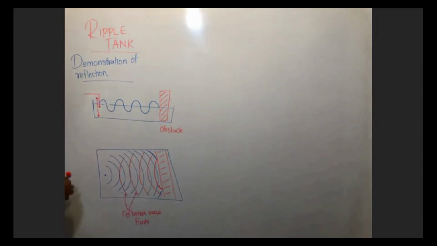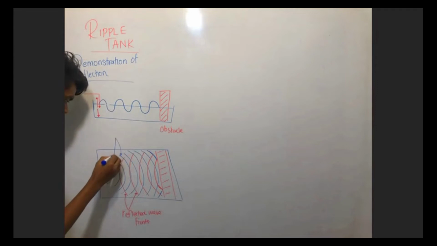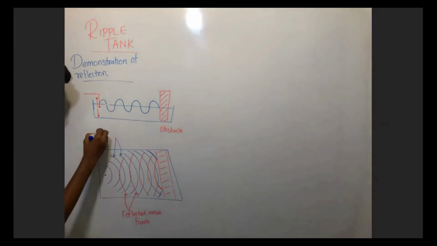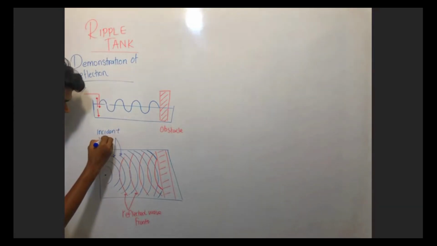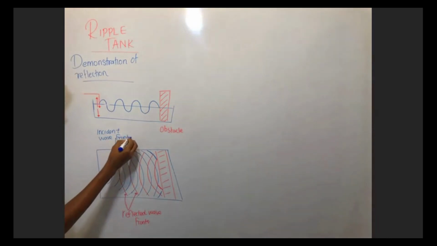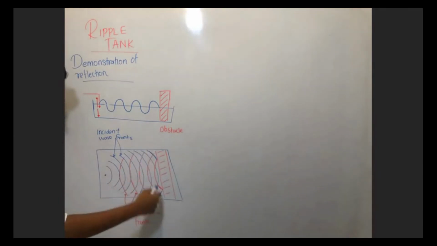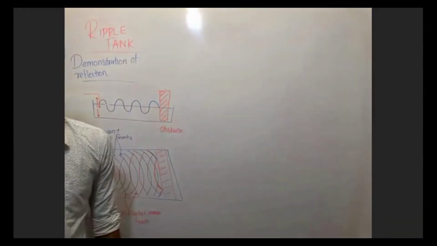What are these blue color waves? Incident wavefronts. Incident wavefronts, and the wavefronts which are traveling backwards are the reflected wavefronts.